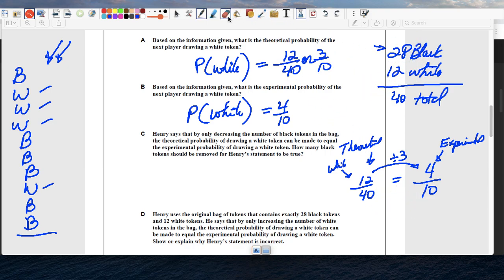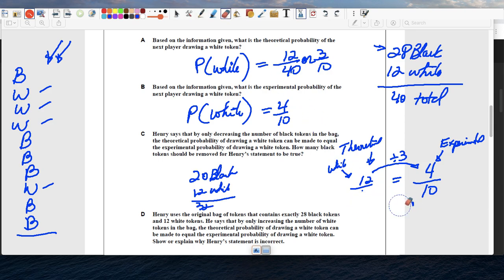If I remove, let's say, 8 black tokens, I would have 20 black and 12 white, and the probability would be 12 out of 32. Now, would 32 work? Well, 32 doesn't work because if I divide 32 by 3, it's not going to give me 10.